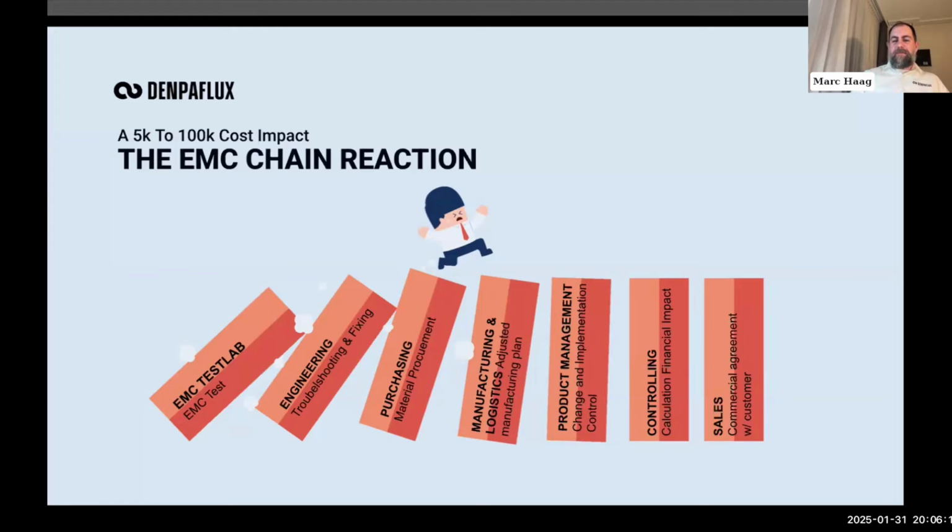I want to start with a little bit of a story which may sound familiar to some of you. When I come in as a sales guy and need to communicate to the customer that your product is delayed, it's getting more expensive, I wasn't aware from the beginning that this had something to do with EMC and EMI.